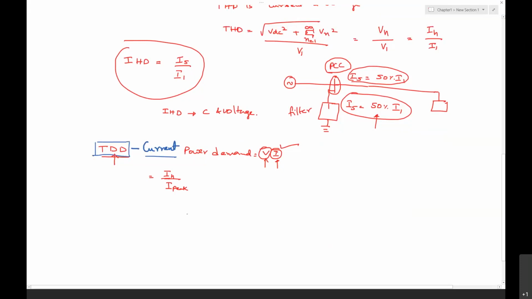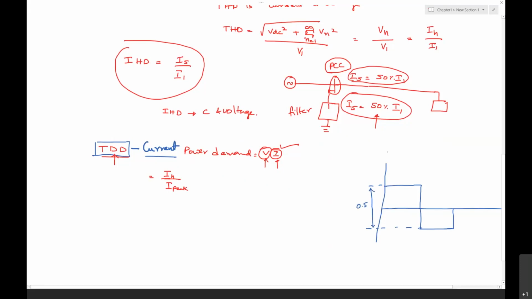Suppose I take a signal, a periodic signal, with an amplitude of, assume, 0.5 amperes peak to peak.